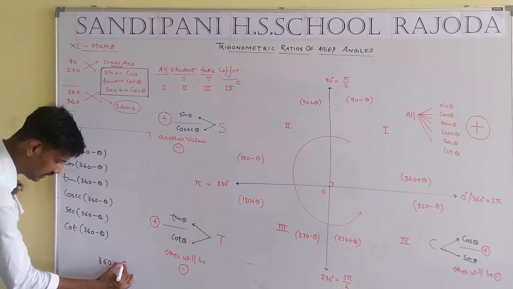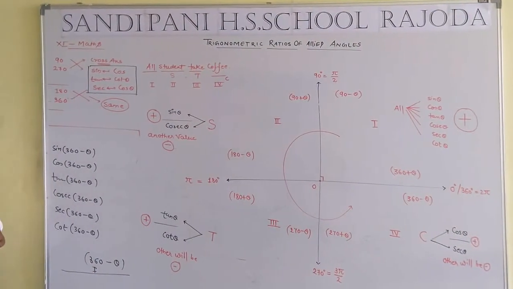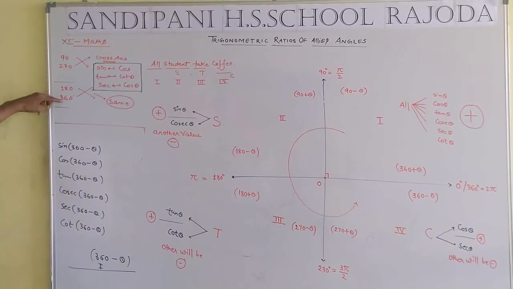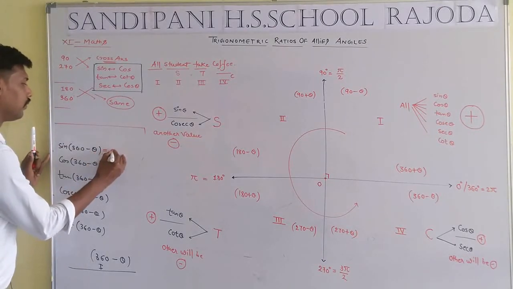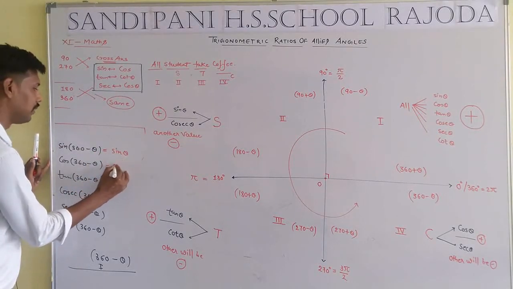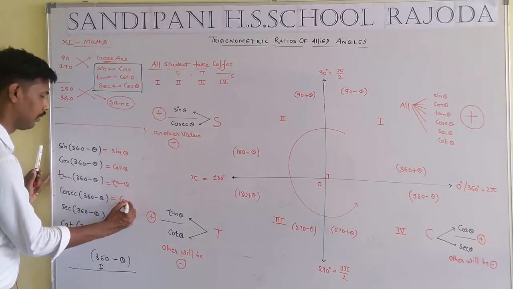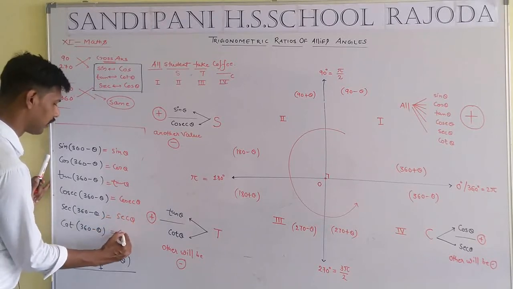Firstly, introduce 360. The message from 360 is the same answer. Same answer means sine will be equal to sine, cos to cos, tan to tan, cosec to cosec, sec to sec, and cot to cot.